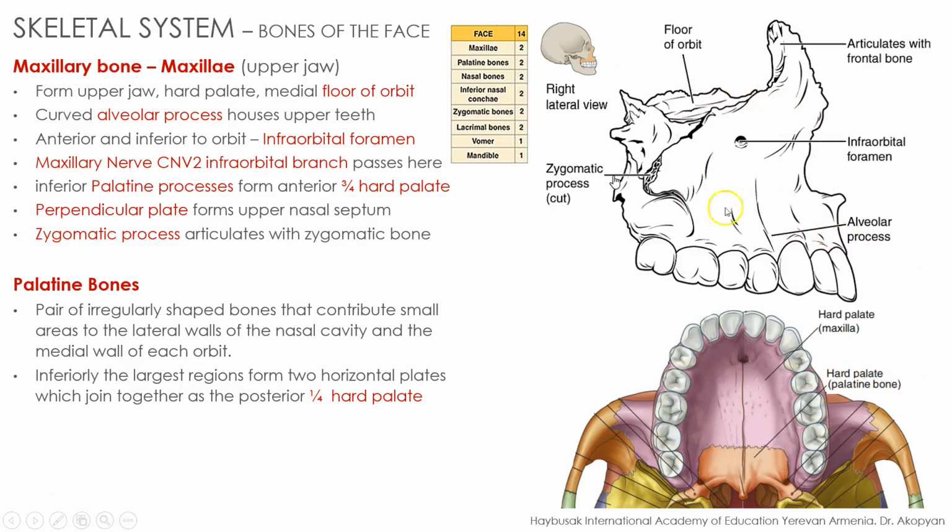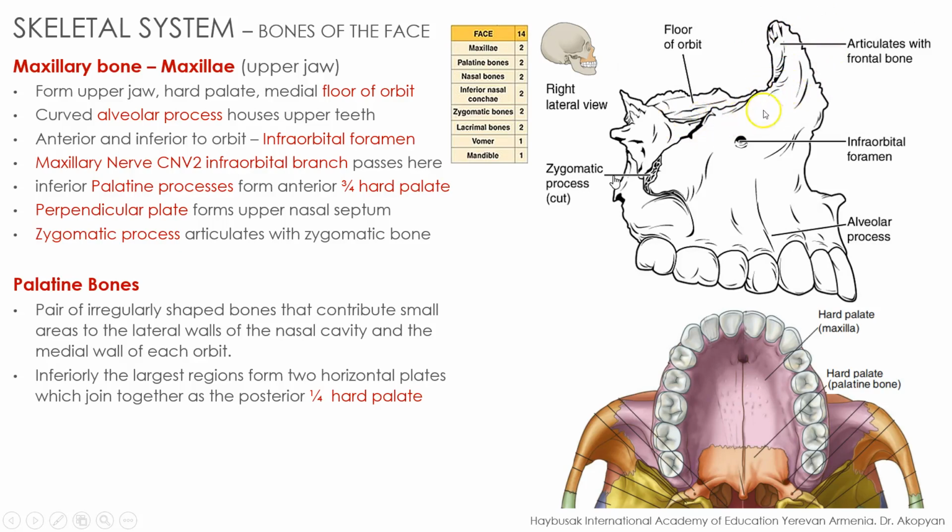The maxillary bone has palpable alveolar processes, which form the upper teeth, and a zygomatic process by which it articulates with the zygomatic bone. Superiorly and anteriorly, it articulates with the frontal bone and the nasal bones.